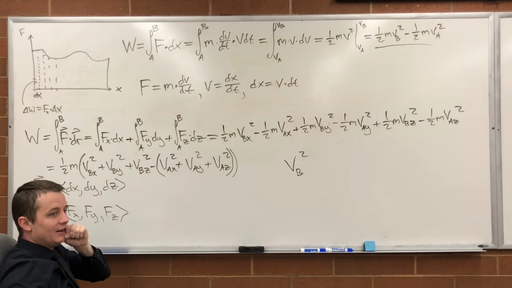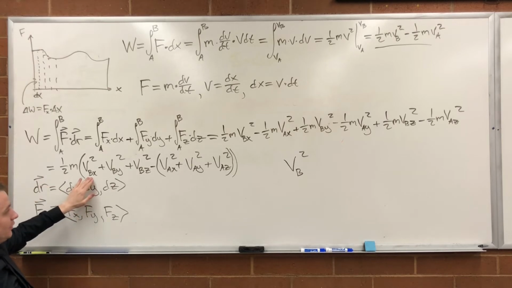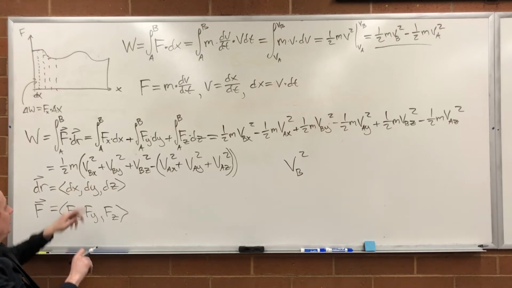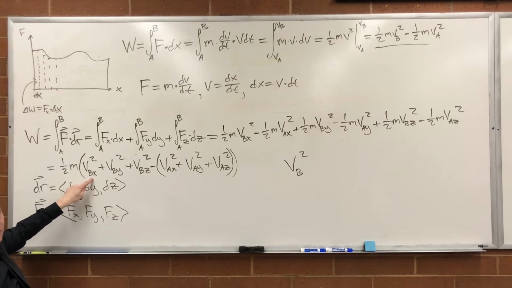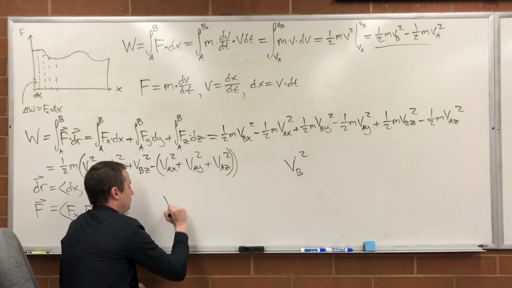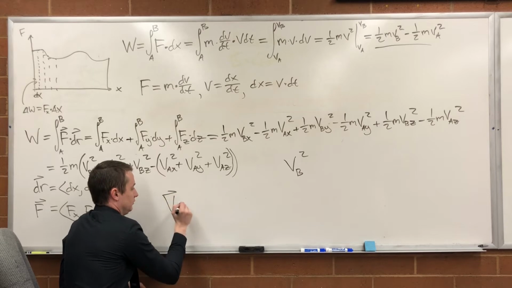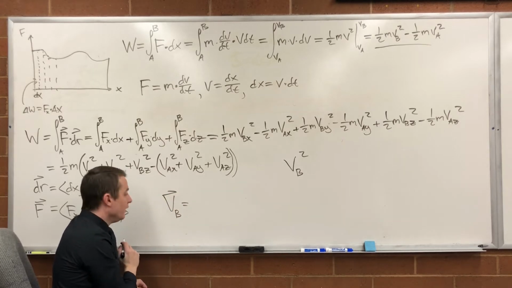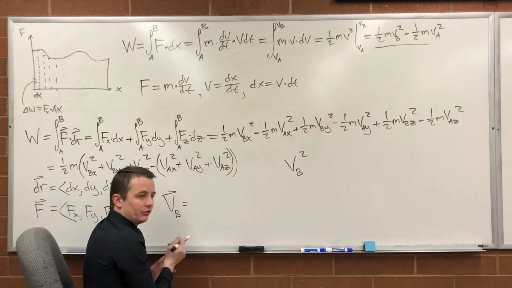Okay. How am I losing you so much? Look, my velocity at B is a vector. Velocity is a vector, right? Yes. And it has three components if we're in 3 dimensions.